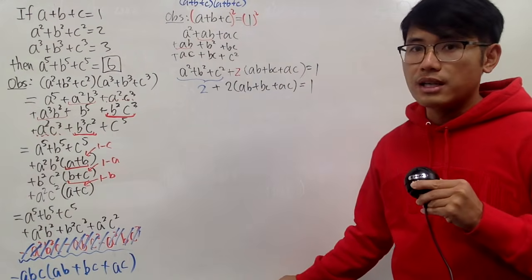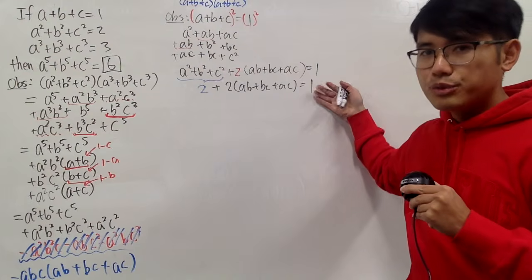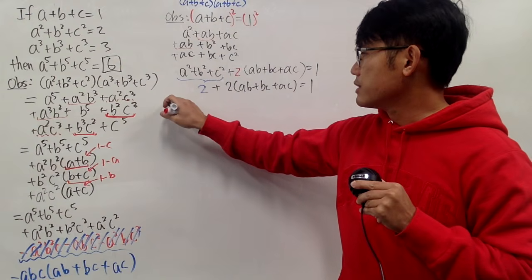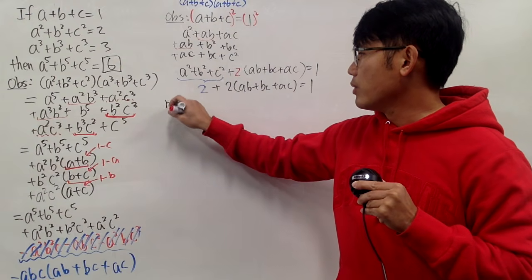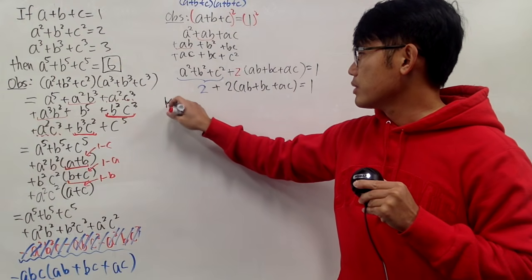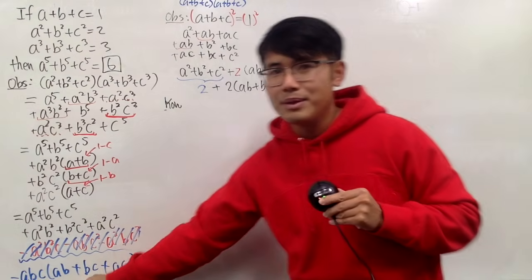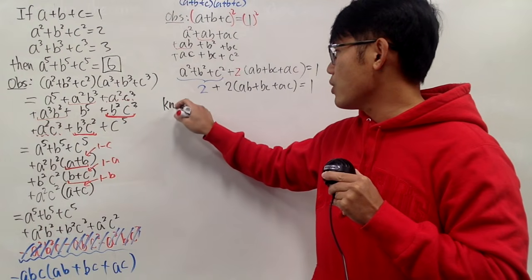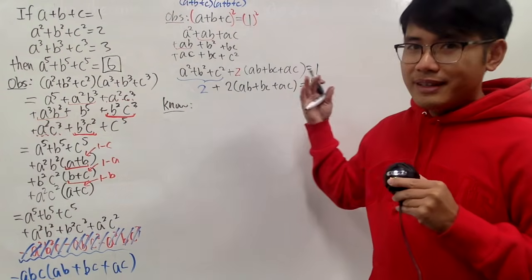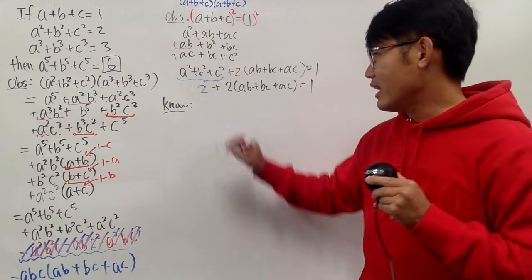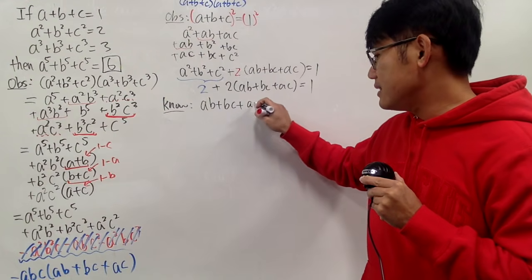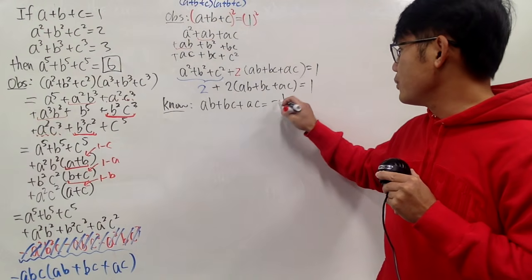And now let's do a few things in your head. Minus 2 on both sides, you get negative 1. Divide by 2 on both sides, so now we know this guy is equal to negative 1/2. Oh my God. ab plus bc plus ac is equal to negative 1/2.